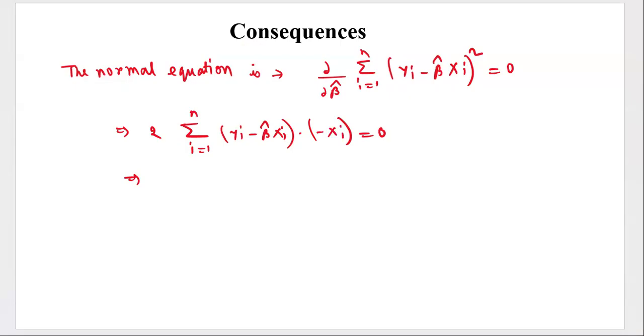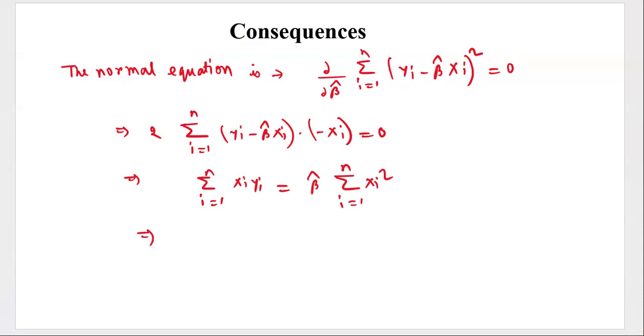We are taking the derivative with respect to beta, so this will be minus xi. The 2 and minus will go out. Now summation i from 1 to n xi yi, and here you have beta cap summation i from 1 to n xi squared.